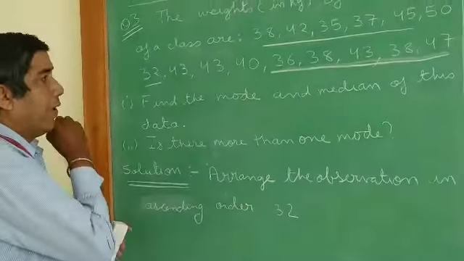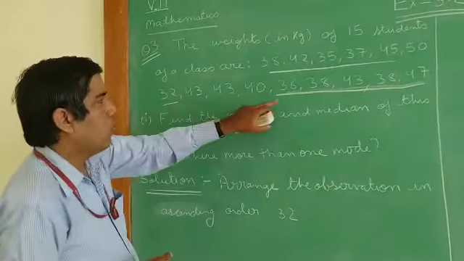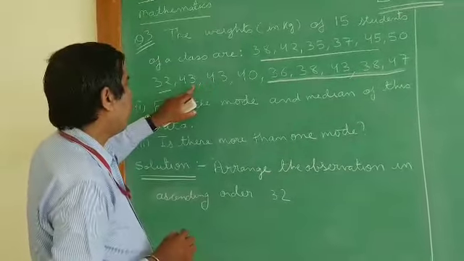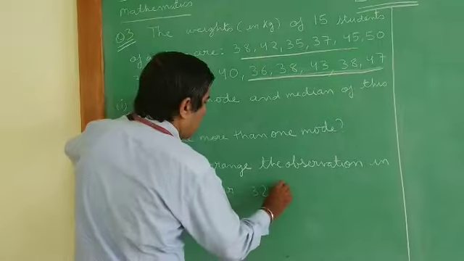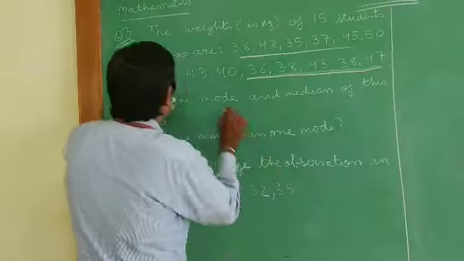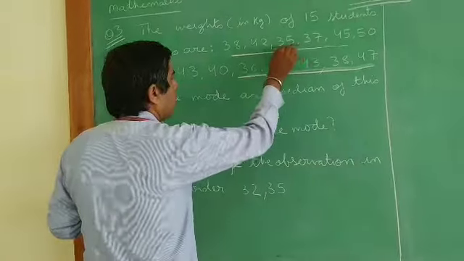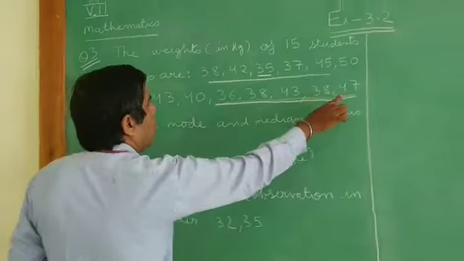Underline 32. Then afterward, which comes next? 33 is there? There is no 33. 34? No 34. 35? Yes, 35 is there. So let me write 35. Where is 35? You can see it is here. I am underlining this. Anywhere 35 else?